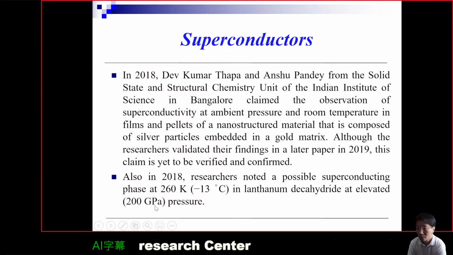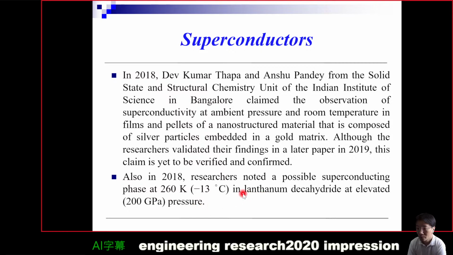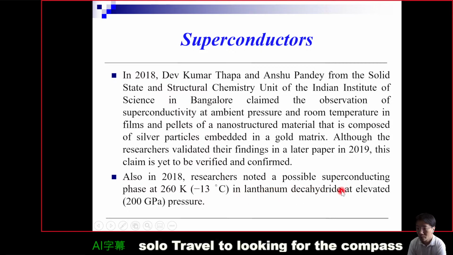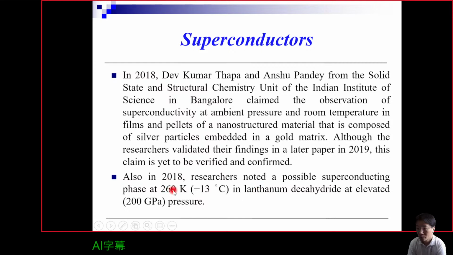So it's also 1,000 times the ambient pressure. So I'd say scientists still put in effort looking for this kind of compound, to see if they can get the superconductor critical temperature to reach very high, close to room temperature.